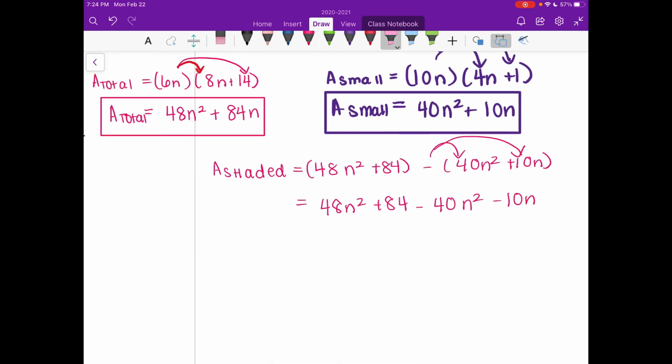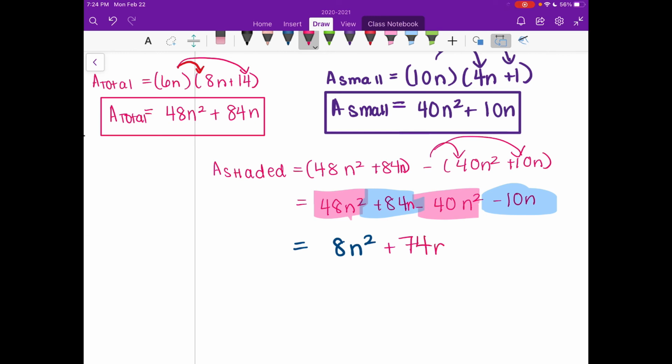Now go and collect these terms. 48n squared minus 40n squared is going to give me 8n squared. 84n minus 10n. My apologies, that should be 84n. 84n minus 10n is just going to give us 74n. And that is our answer.